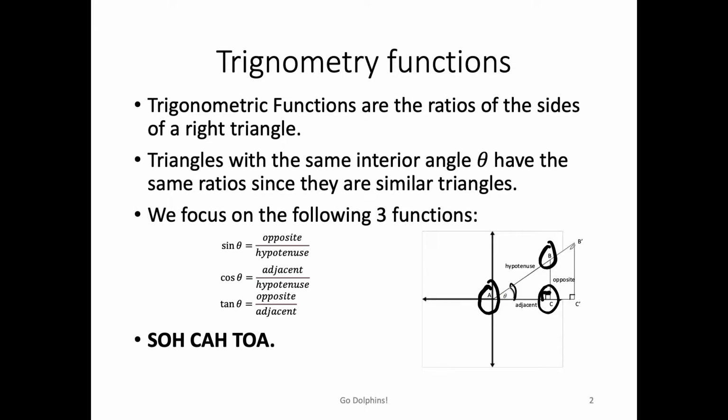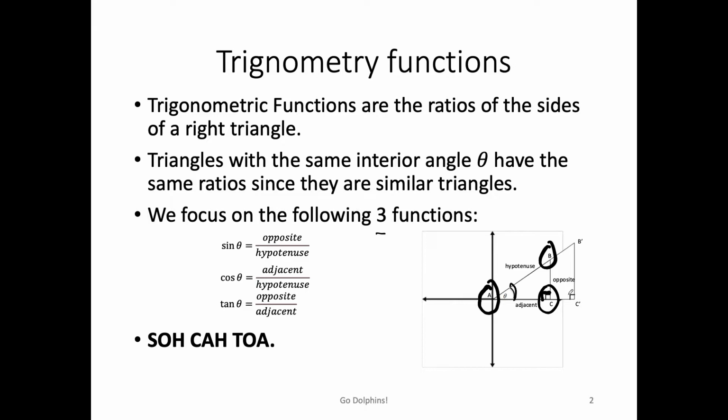And there are actually 6 trigonometry functions. We are going to focus on 3, which is sine theta, opposite side over hypotenuse, cosine theta, adjacent side over hypotenuse, tangent theta, opposite side over adjacent side.